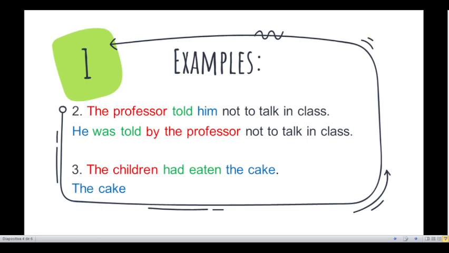Then the auxiliary verb be in past perfect. Had been. Very good. Then the main verb in past participle, eaten, by who? By the children. And that's all again. Very good. The cake had been eaten by the children.